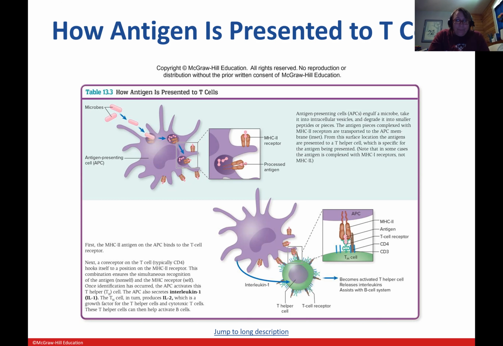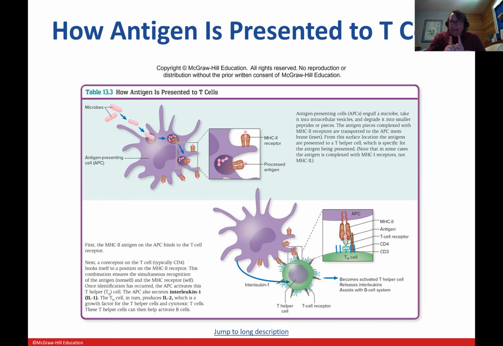The antigen that is connected to that MHC2 receptor is the processed antigen. It's just that little piece that's antigenic. Then it's going to find that helper T cell and do the handshake with the antigen presented on the outside of the cell. There's a blow-up picture of what that looks like.